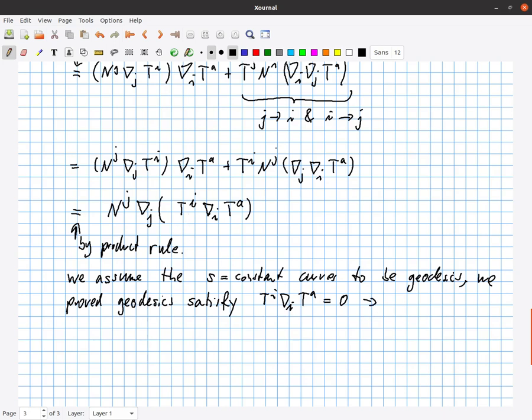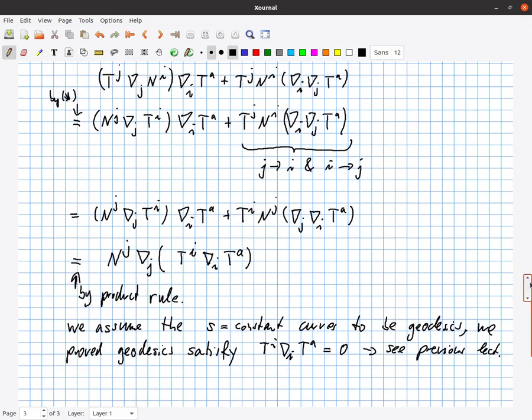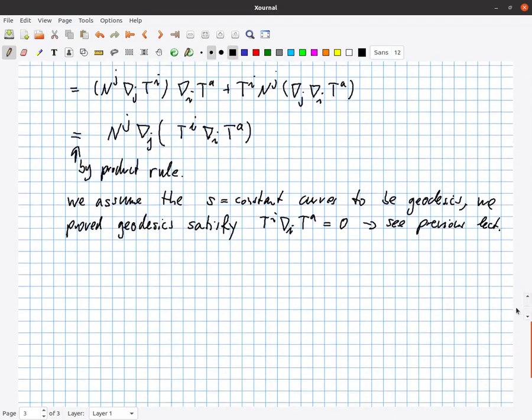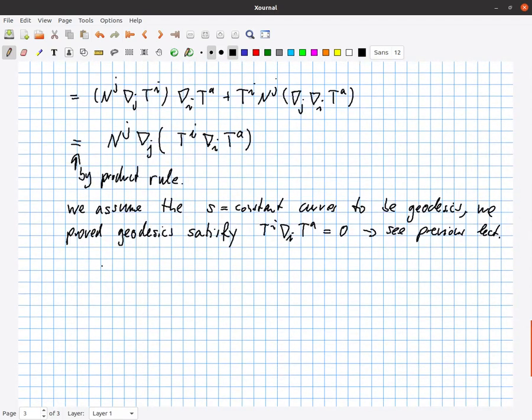So see the previous lectures. If I'm not mistaken, I called this theorem geodesic 2, because it is not the way we originally introduced the geodesic. Which means the two terms underlined in red are 0, which is why I did it in this particular way.